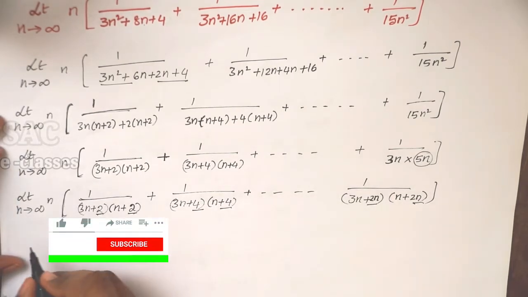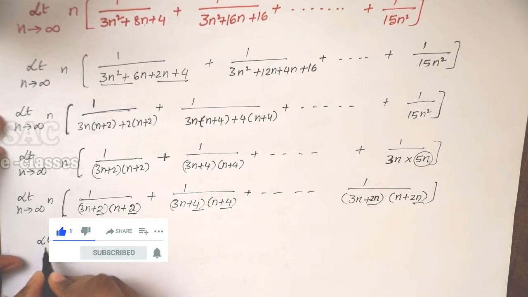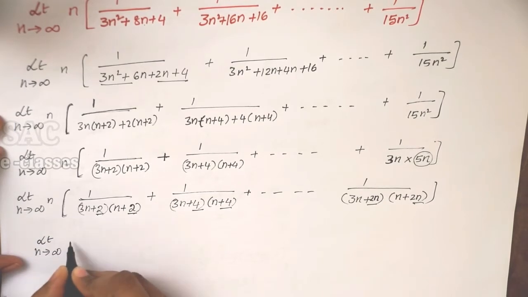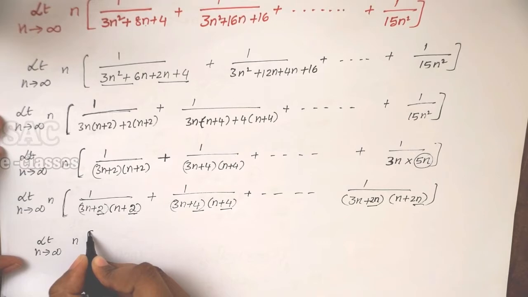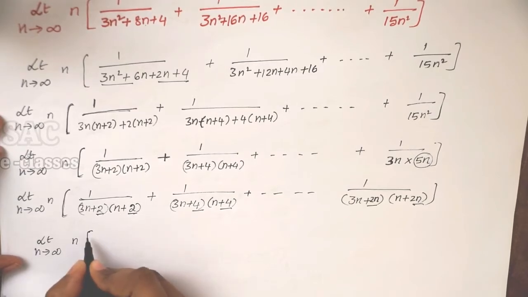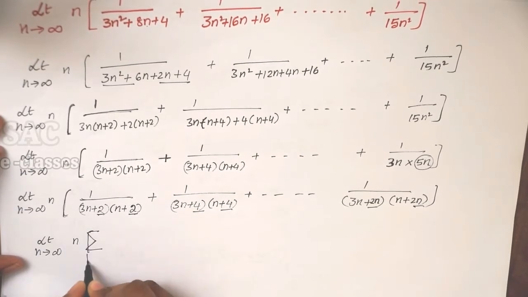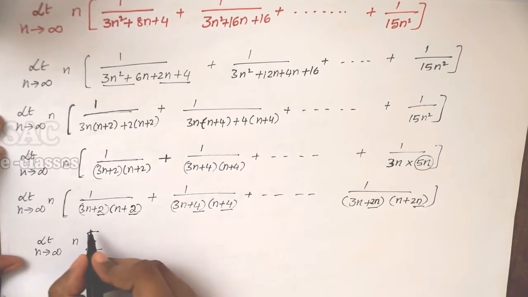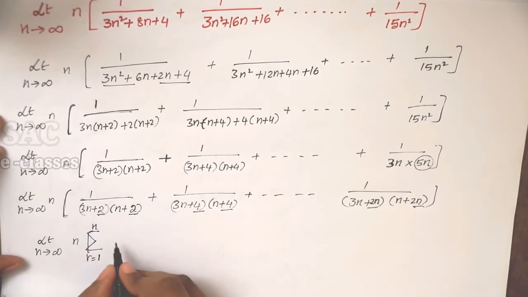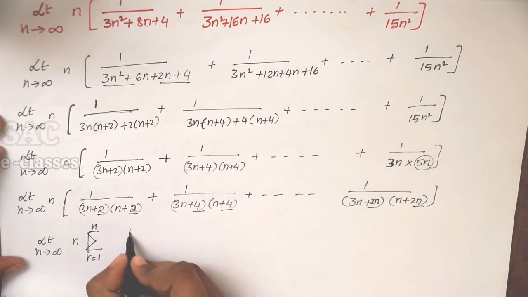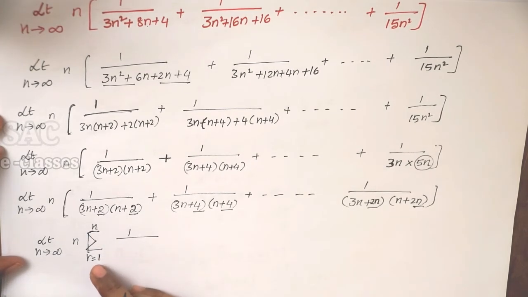So what we can do here is limit n tends to infinity, n into sum, r equal to 1 to n. But here 2n is there. Why are we taking it as n? Let me explain. Can we take r equal to 2?